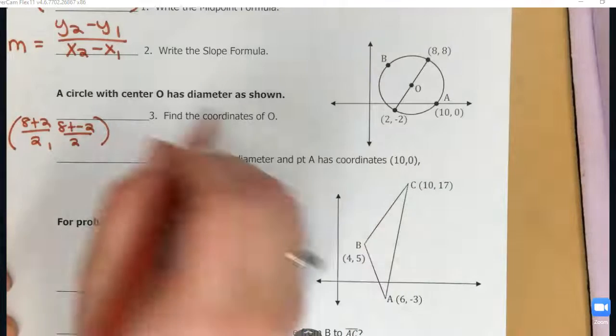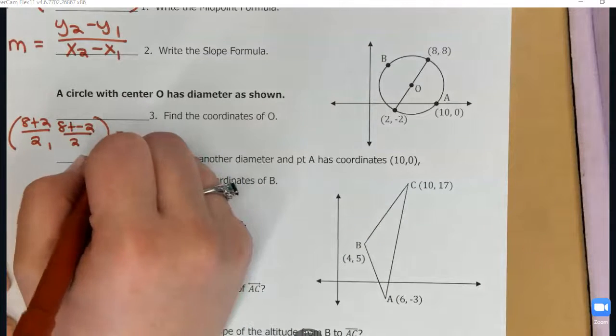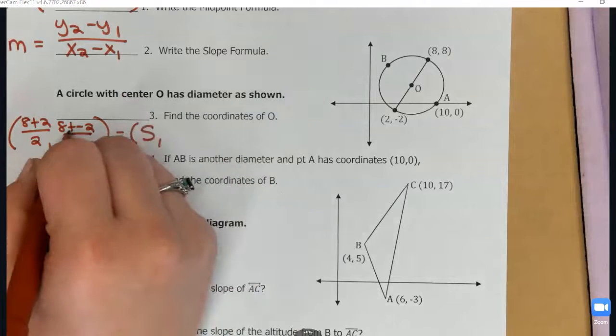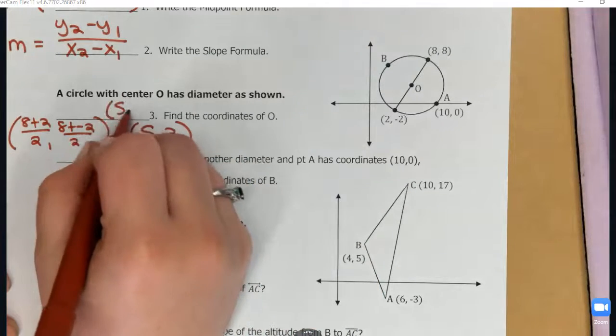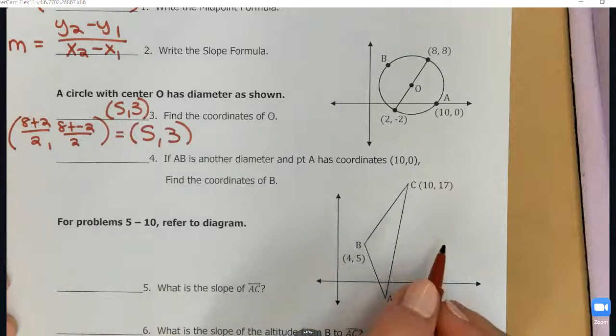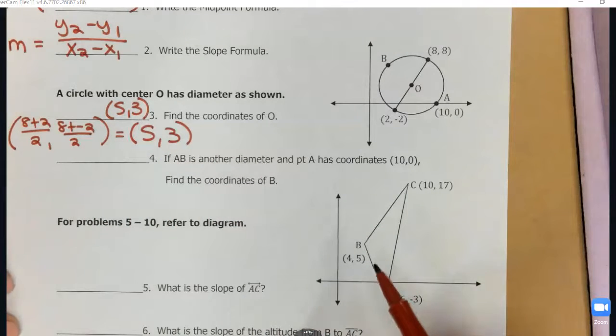Well, 8 plus 2 is 10, divided by 2 is 5. 8 minus 2 is 6, divided by 2 is 3. So 5, 3 are the coordinates of O. Again, these need to be in parentheses because we're talking about an ordered pair. I did not take points off on the quiz for that, but on the test I will definitely take off points if you're not putting your ordered pairs in parentheses.